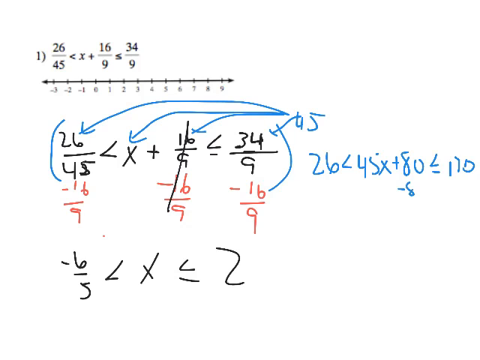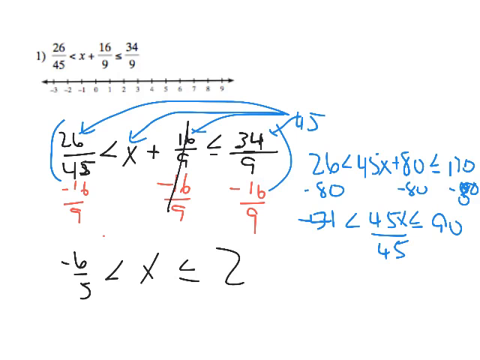You would subtract 80 from all three, not technically sides, but kind of like if you think of it as sides. Sorry about that 8 over there. So you get a 26 minus an 80, you get a negative 54. So negative 54 less than 45x less than or equal to, what is that, 90? Yep. And then you just divide all three parts by 45.